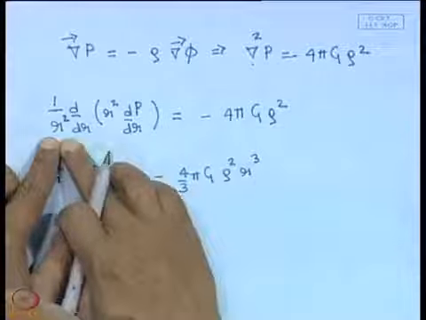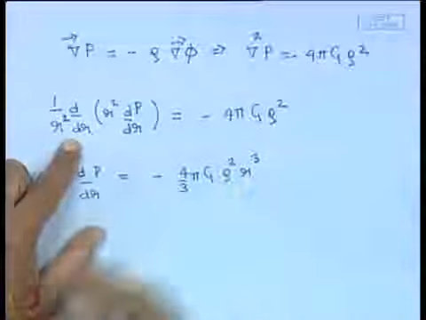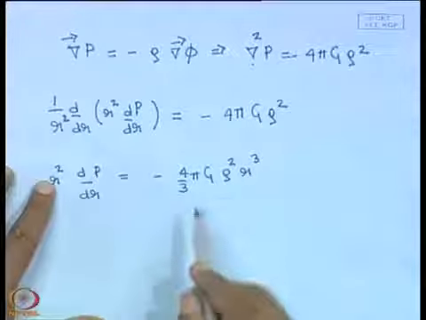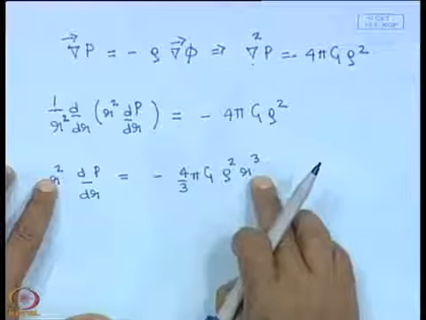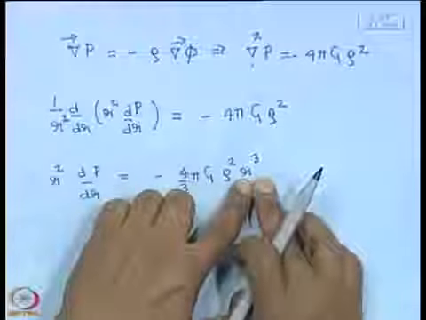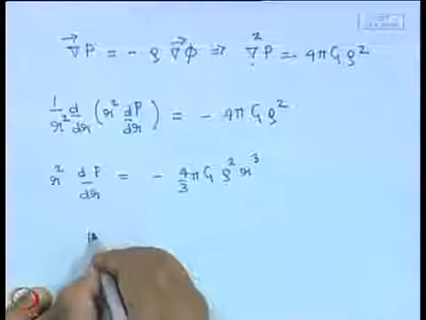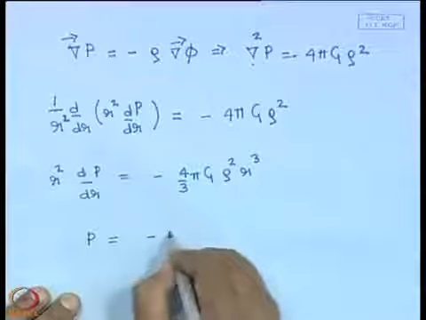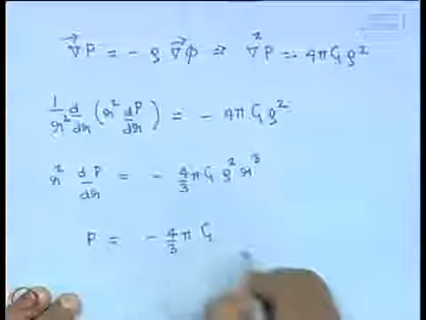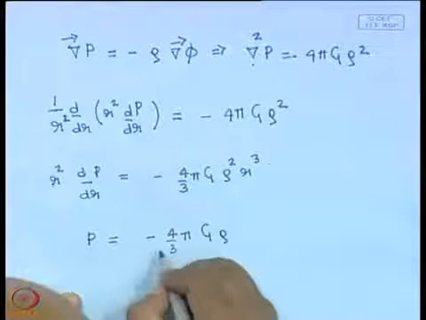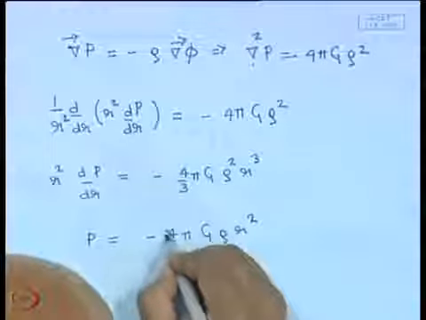Right. So, what I have done is I have taken the r squared there and integrated over r. So, that gives me r cube by 3. Then this I can again divide by r square, and so that will give me a factor of r, and then I integrate it. So, it will give me half r square. So, finally, the pressure is equal to minus 4/3 pi G rho square r square, sorry, this will not be 4, it will be 2.